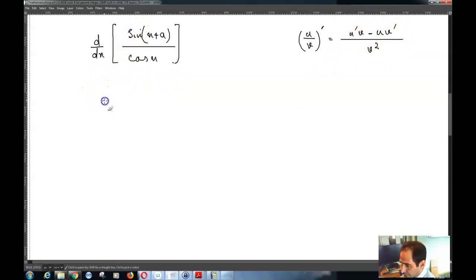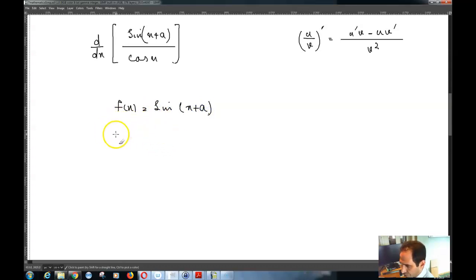So if you have d by dx of sine of x plus a, that means that suppose you have a function f of x, for example, equal to sine of x plus a.